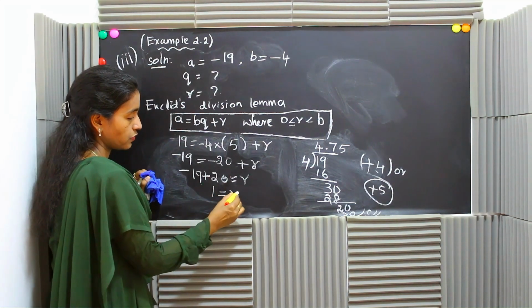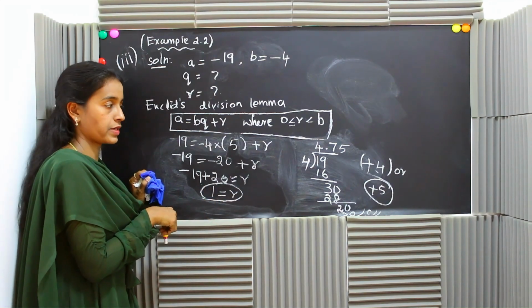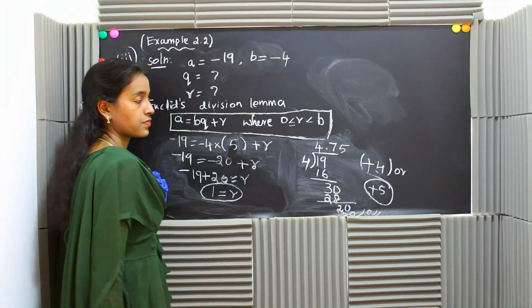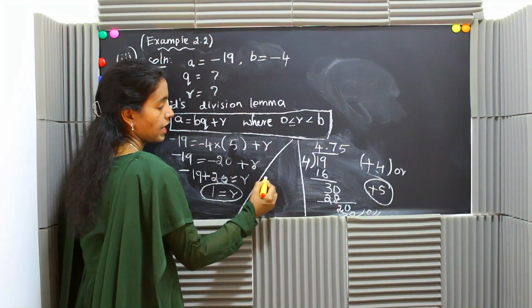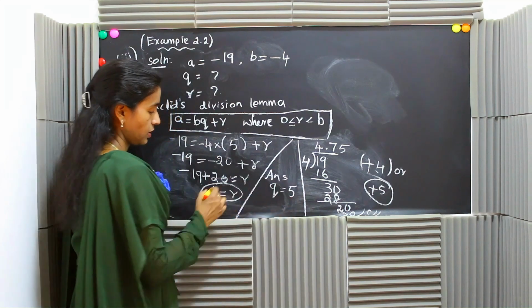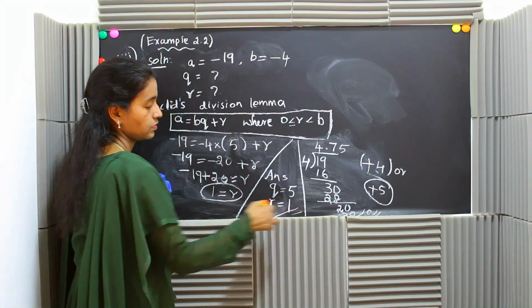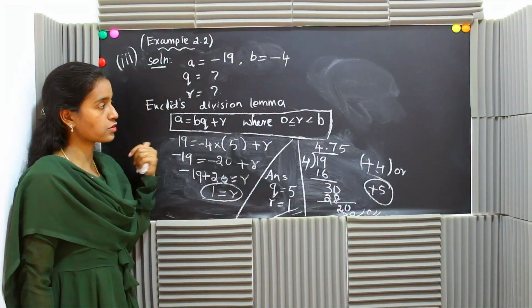The value of R is 1. Now the condition is satisfied. So we can take the quotient value as 5. This is the correct answer of quotient. Answer: Q equals 5, R equals 1. We found quotient and remainder. This is the answer of the third sub question.